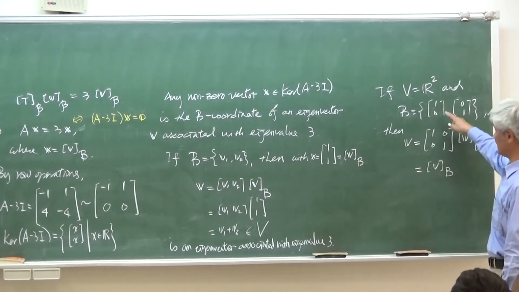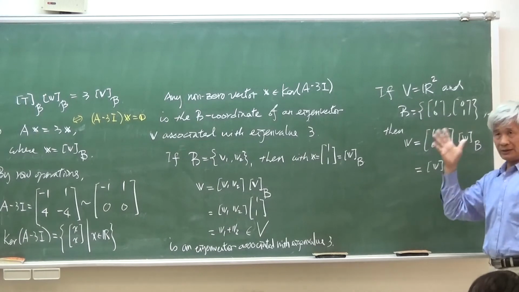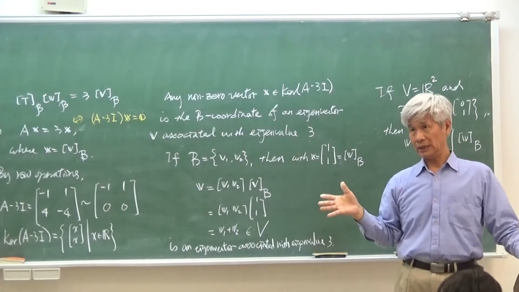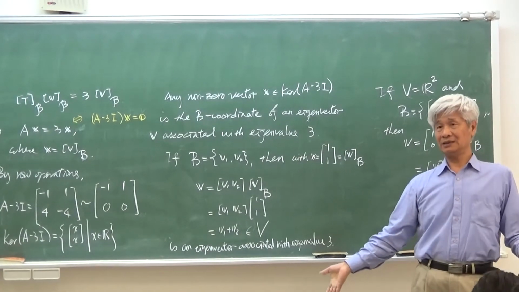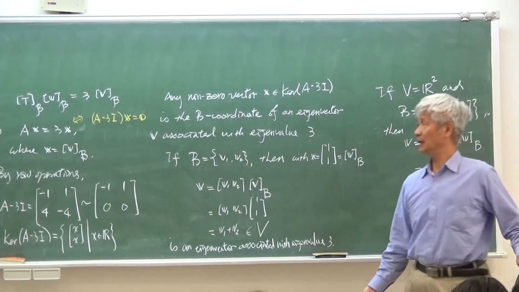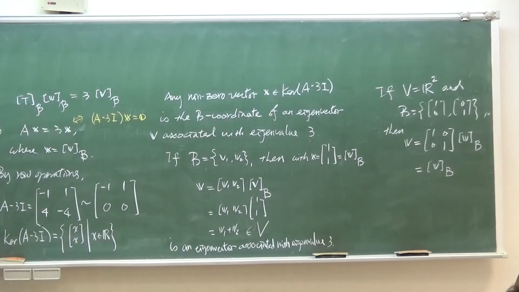This is a very common case, where V is just n-dimensional Euclidean space and the basis you choose is the standard basis. And the matrix representation is just the matrix used to define the linear transformation.